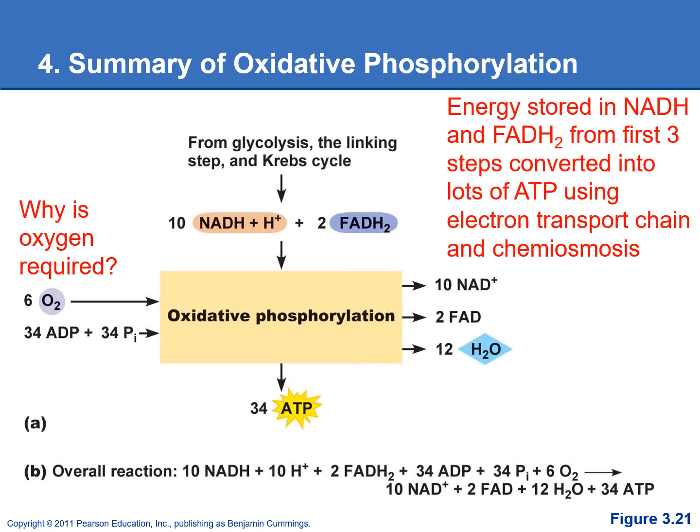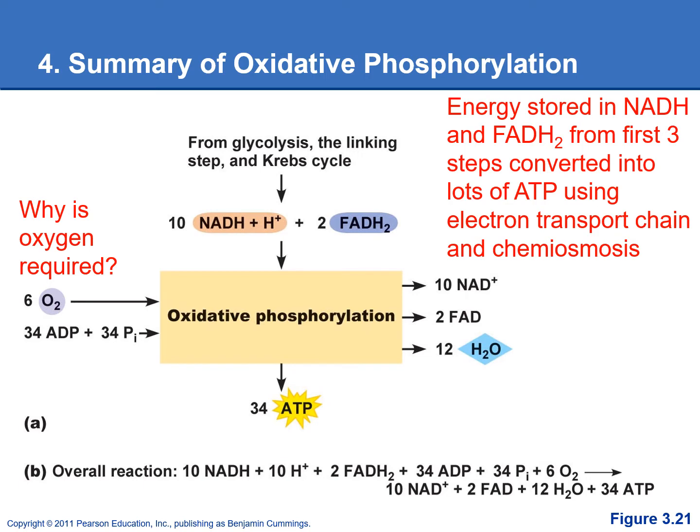Our last step, oxidative phosphorylation, also occurs in the mitochondria. In this last step, we're going to take the electrons that are in our electron carriers, NADH and FADH2, and drop them off in the electron transport chain. They're going to go down the electron transport chain and release their energy, and that energy will be used to make ATP.